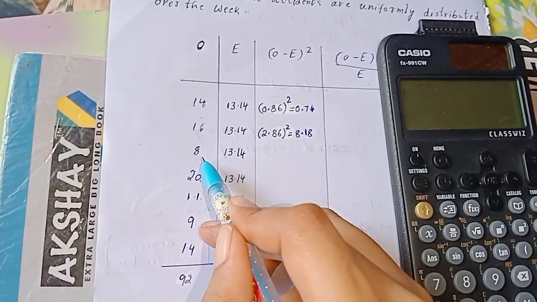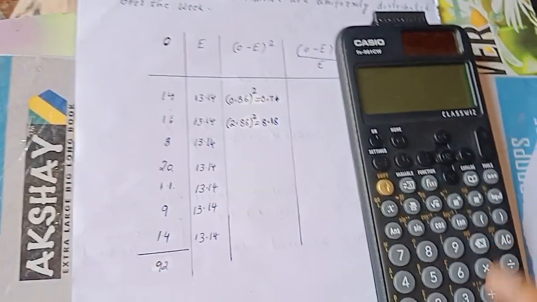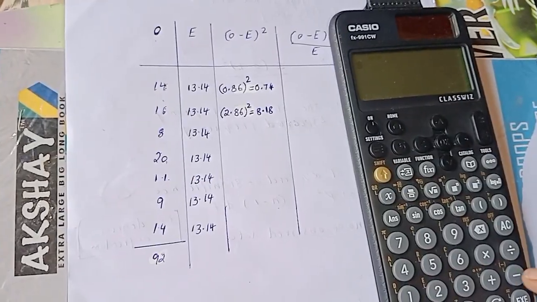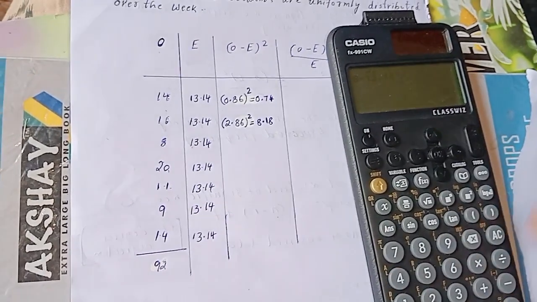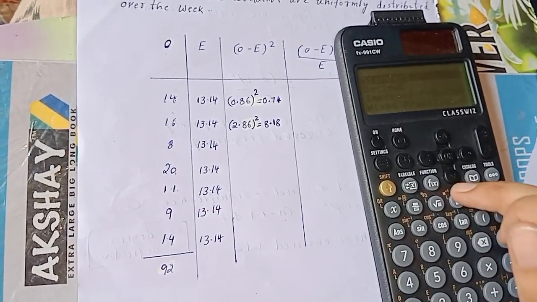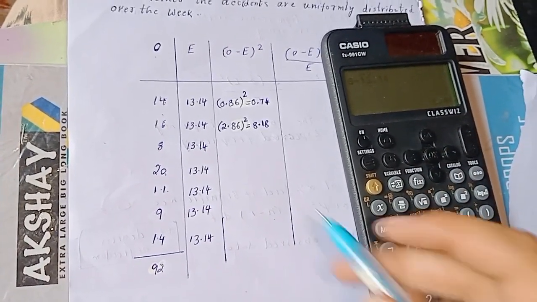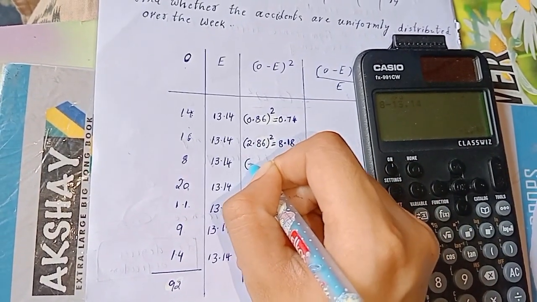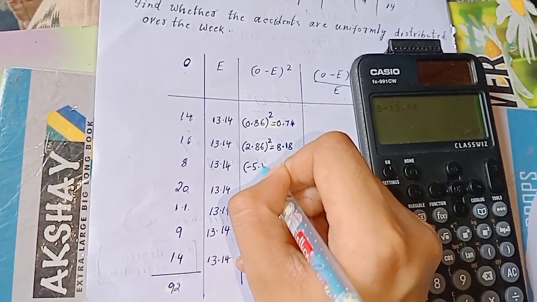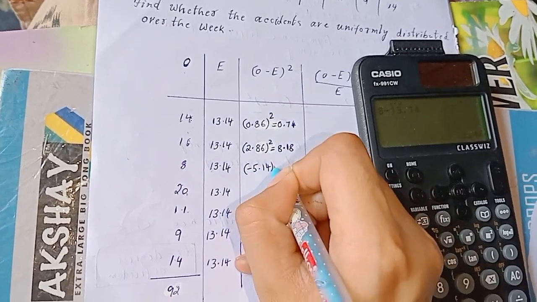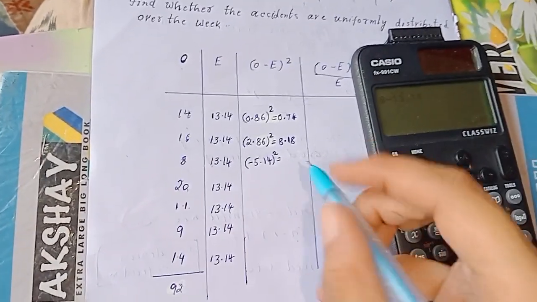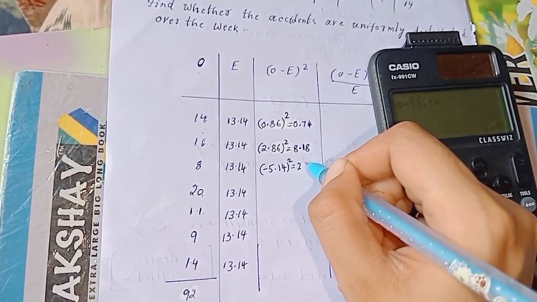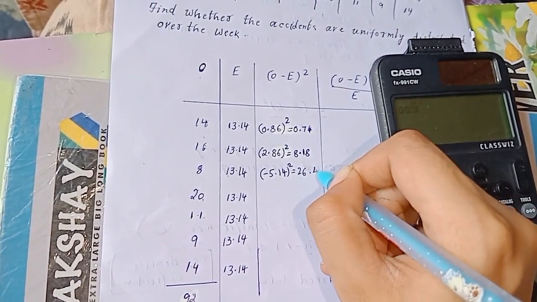Next, 8 minus 13.14. The decimal value is minus 5.14, and minus 5.14 whole square is 26.42.